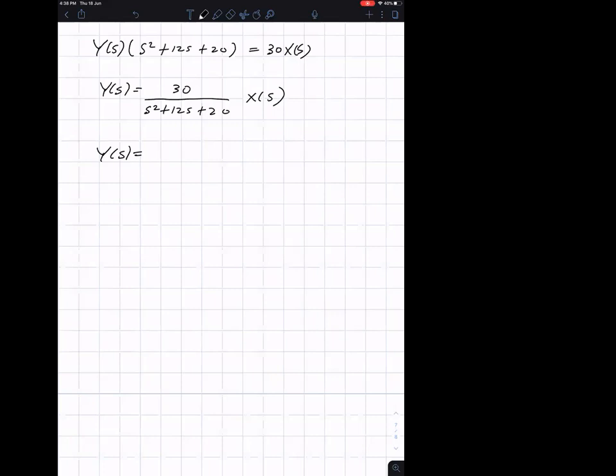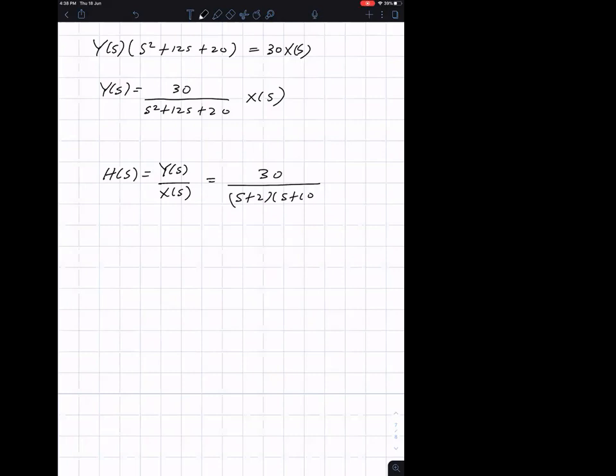So, right, the frequency response using phasor analysis. The transfer function is Y(s) over X(s).